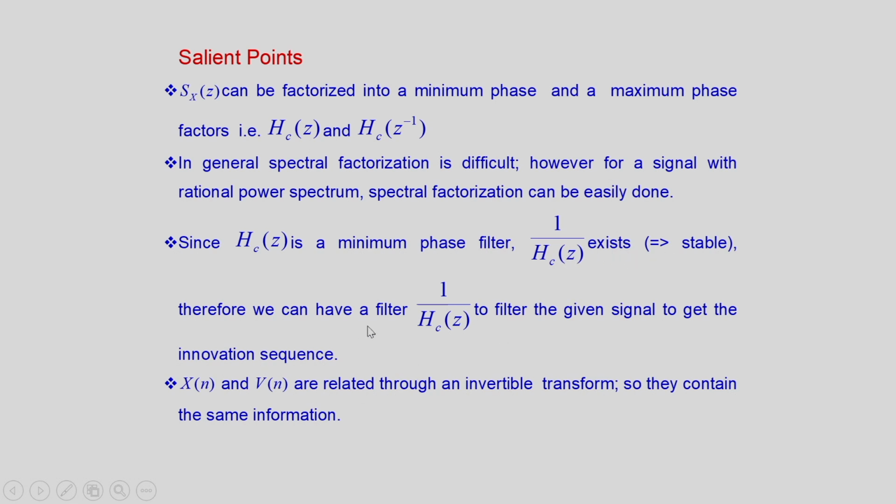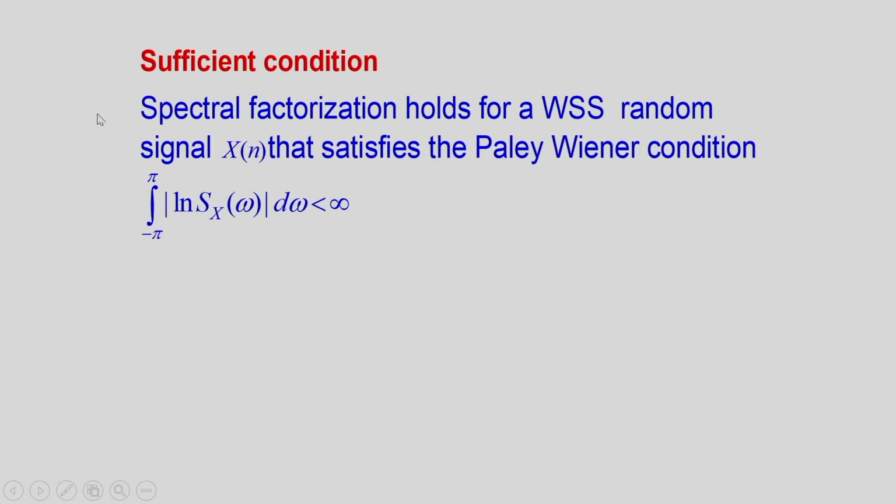Therefore, we can have a filter of transfer function 1 by Hc z to filter the given signal to get the original innovation sequence. Xn and Vn are related through an invertible transform, so that they contain the same information.